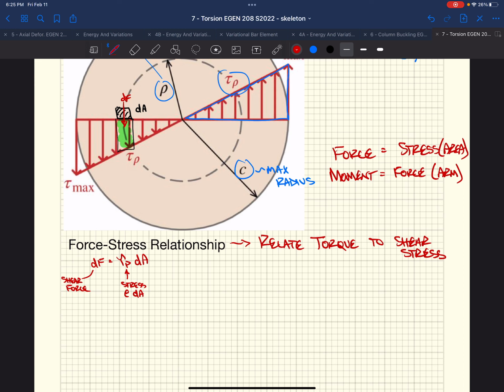Well, if we now know that there's a force acting at a distance rho from the center, if we were looking at the torque, or the moment, dM, that is acting due to that applied force, we would get rho dF, where this is our force. This is our arm, our moment arm, and we would get our moment, or torque.